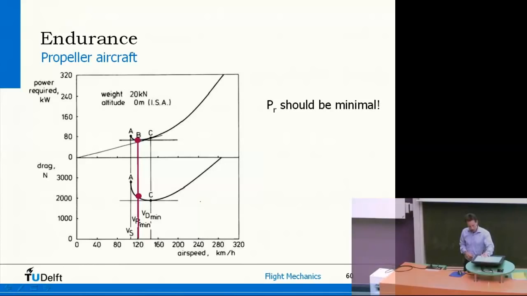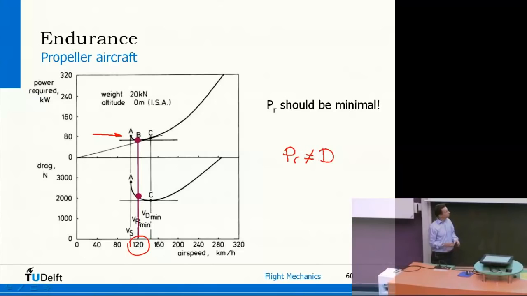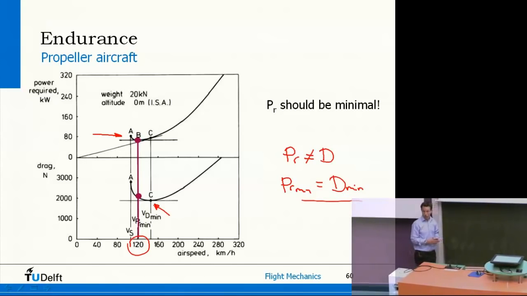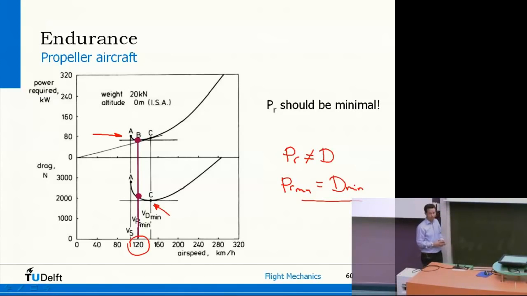And always remember, power is not the same as drag or a force. So the minimum power condition is not the same as the minimum drag condition, because you can see the minimum aerodynamic drag is another point in the curve. Okay?